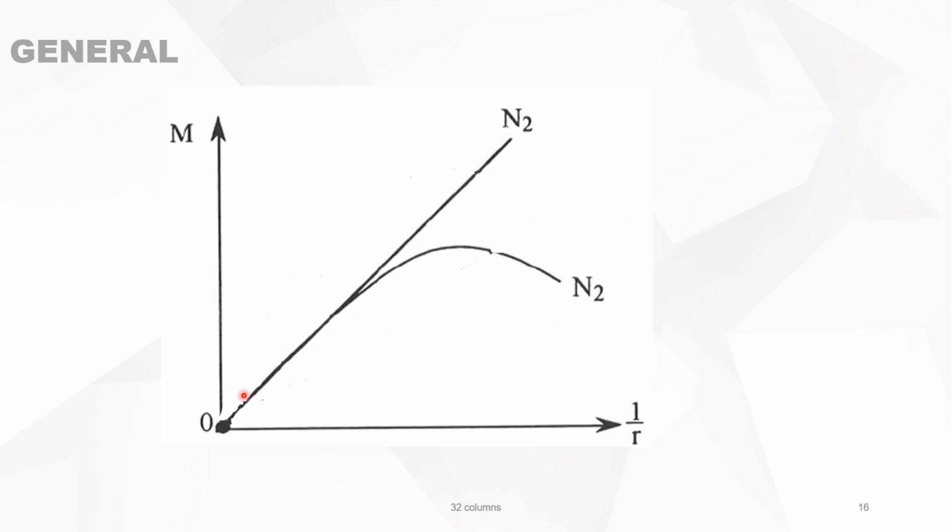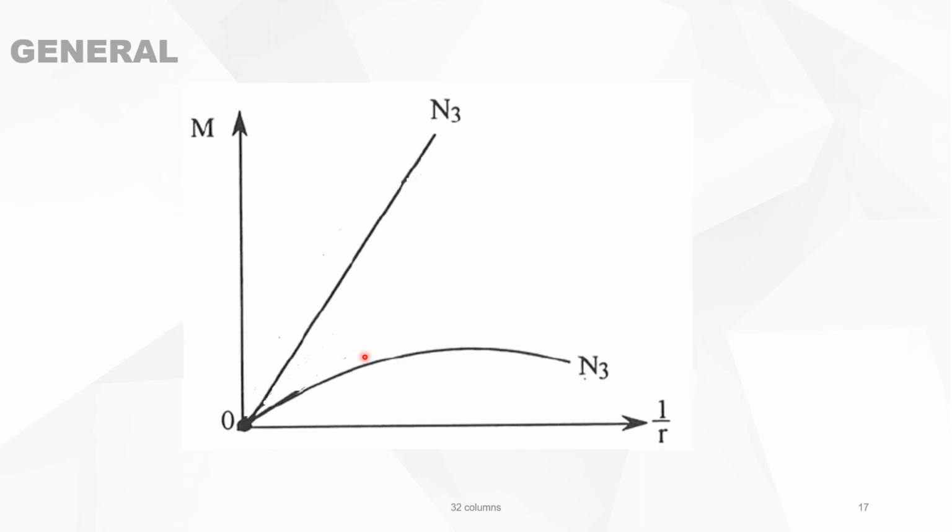In this case, when this is just tangent to the point O to this curve, this is unstable. It's a very critical load N2, and the slightest movement on the top of the column will make it collapse. And in the case where this line is steeper than the tangent to the curve, then there is no equilibrium possible. Each load will lead to failure.